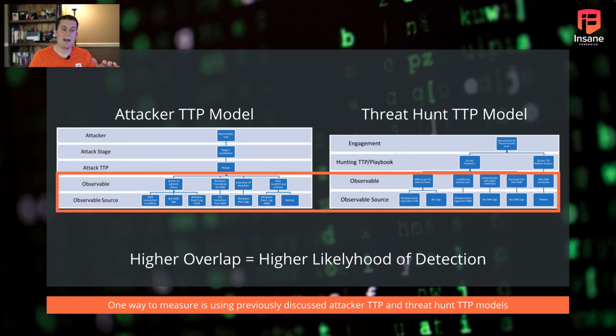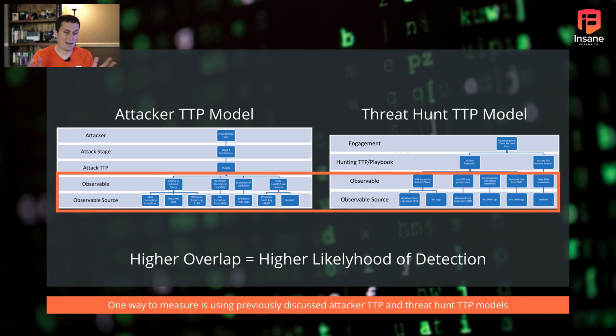So what we're looking at here, and we talked about the models a lot at the beginning, what we're really doing with those 2 models, the attacker TTP model and the threat hunt TTP model, is we're trying to get overlap between those observables on both sides. Because if you have overlap, it means yes, the attacker's doing it, and yes, during a threat hunt, I'm actually looking for those things, right?